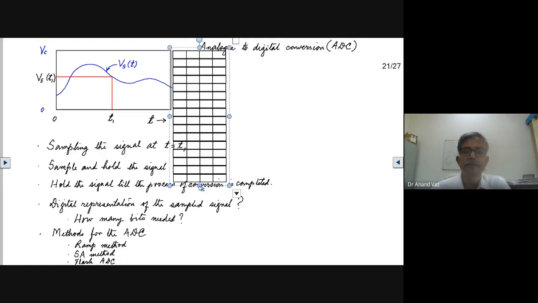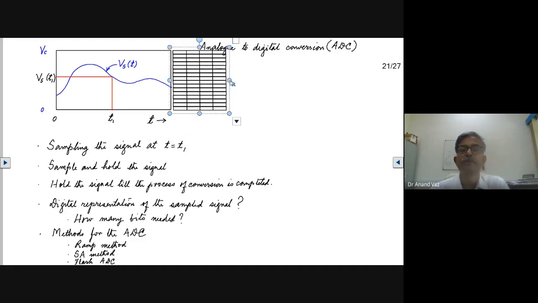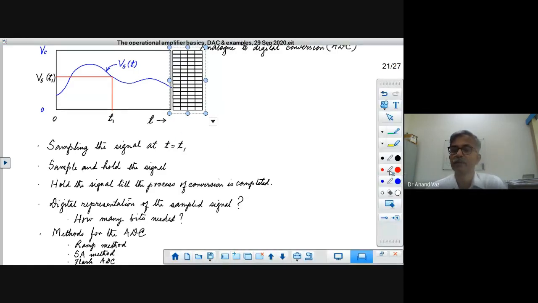So here, let's just take this height. You can see that we are interested in the digitization, and this corresponds to a particular level.